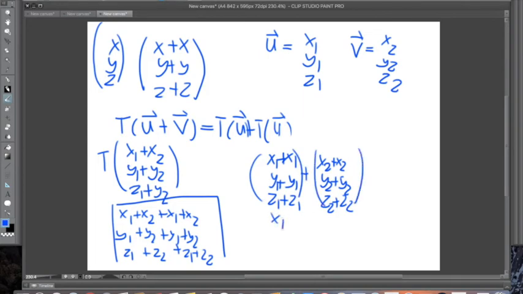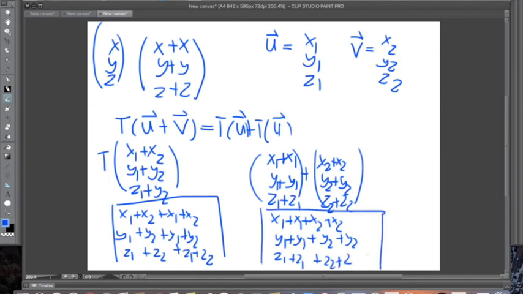It will be x1 plus x1 plus x2 plus x2, y1 plus y1 plus y2 plus y2 and z1 plus z1 plus z2 plus z2. So the two sets of this are equal. So this is linear.